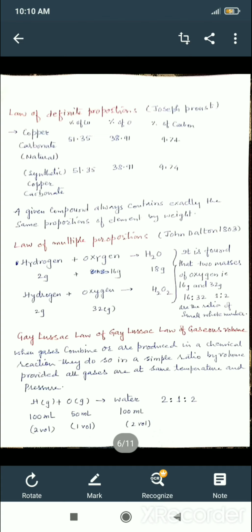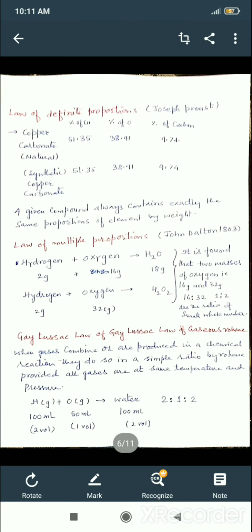For example, 2 volumes of hydrogen plus 1 volume of oxygen, that is 100 ml plus 50 ml, finally give water of 100 ml, that is 2 volumes. So the ratio is 2:1:2.